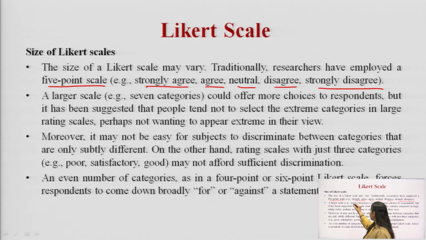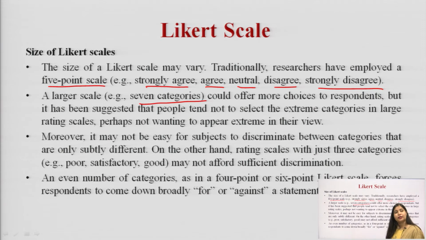But we can also use a 7-point scale, which could often give you more choices to respond, but it has been suggested that people tend not to select the extreme category in a large rating scale, perhaps not wanting to appear extreme in their view. So, most of the time people do not use the 7-point rating scale.